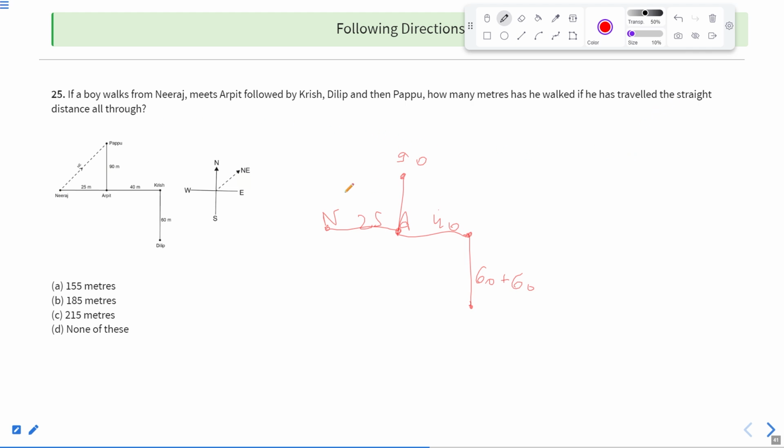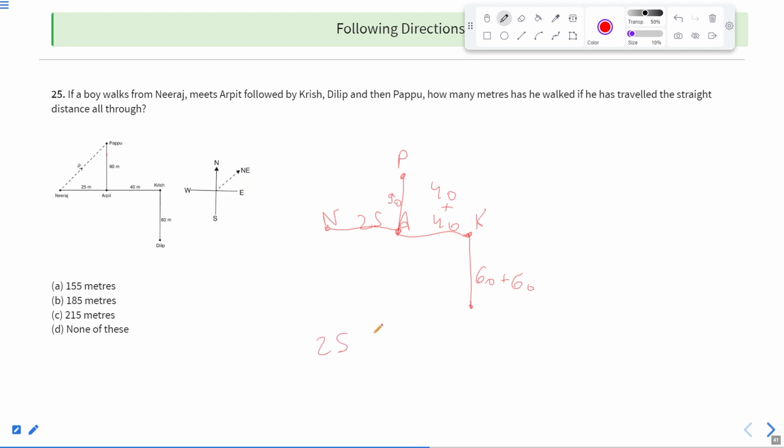Now, technically this is a diagonal. So moving that, he wants to go back to Krish, then back to Arpit, which is 40. Then he will go up to Pappu with this 90.